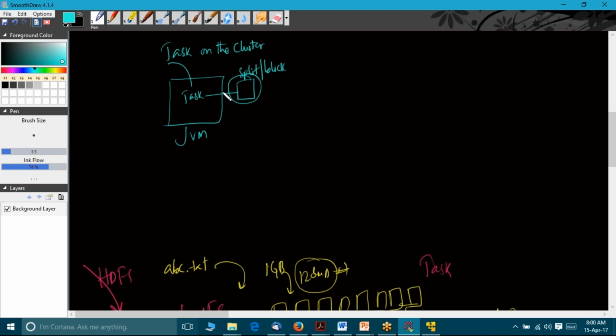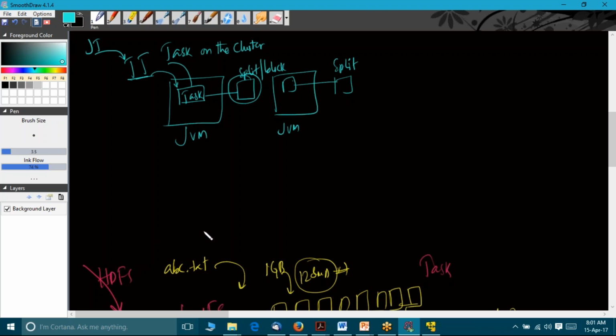This block is processed by the task, which runs under the task tracker, which runs under the job tracker. Job tracker takes care of task trackers. Task tracker takes care of tasks, because for each node there will be only one task tracker. Under each node there will be one more JVM and one more task running, and that takes care of processing one more block. This is a split.